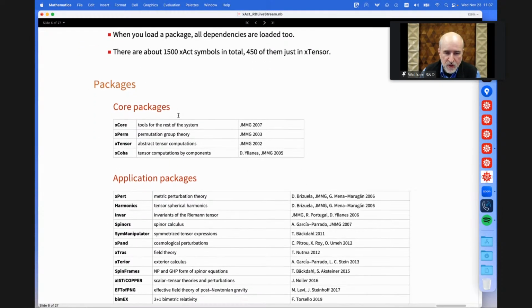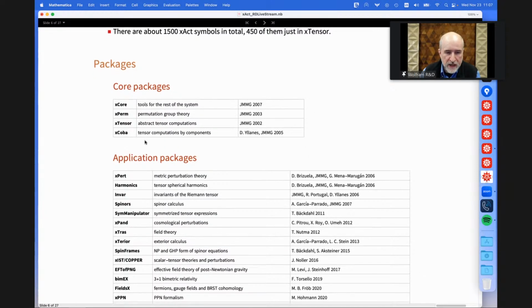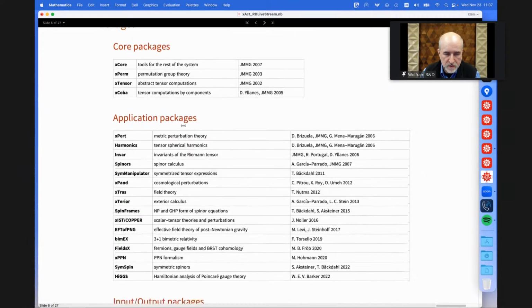Let me give you an idea of what the packages are and do. We have a collection of core packages. The main one is xTensor, the package for tensor computations. They both rely on permutation group theory, which is handled by this other package, and then there is some sort of tools package.